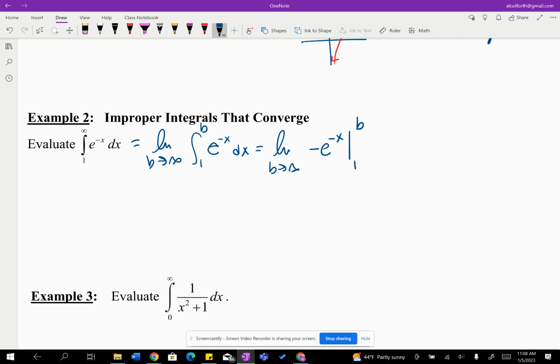Write down our limit. Plug in b, plug in 1, subtract, so it'll be plus e to the negative 1.